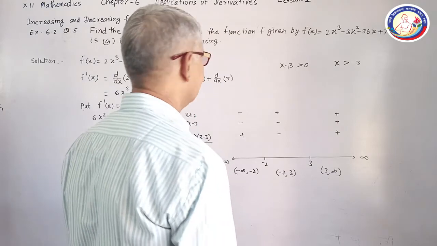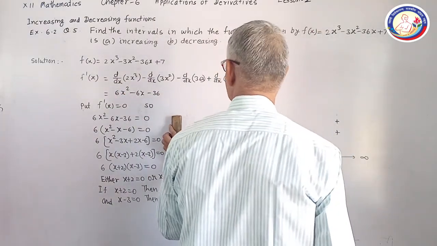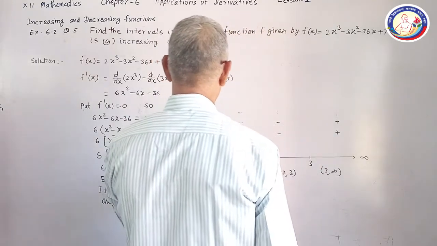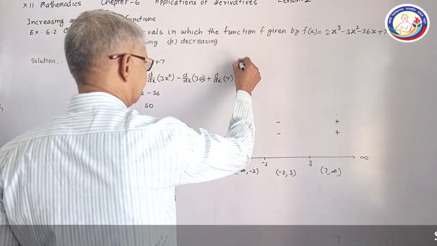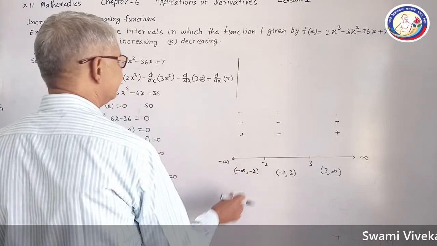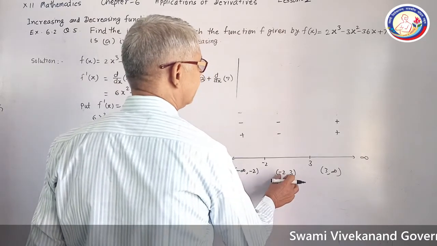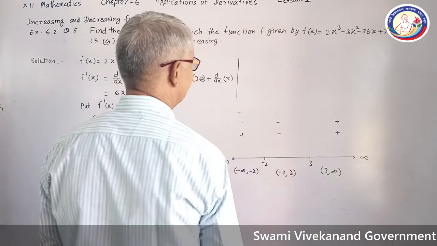So our definition, we arrived at a result that this function is increasing in this interval and decreasing in the minus 2 to 3 interval.